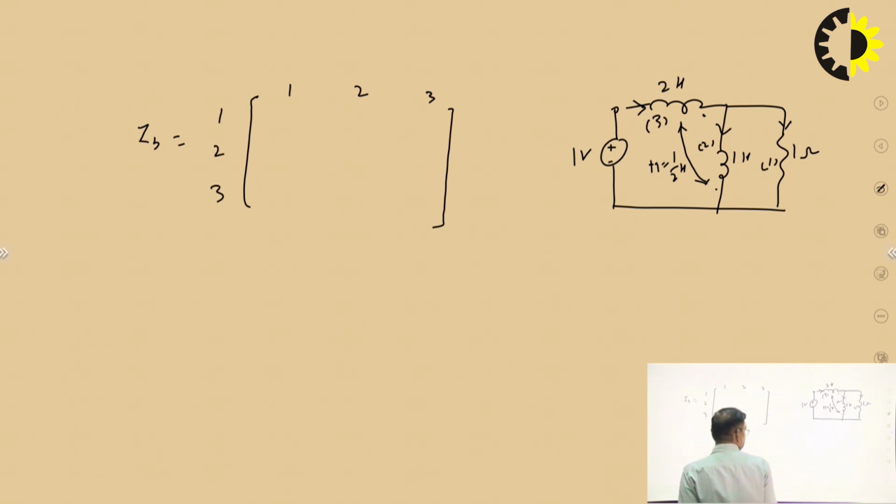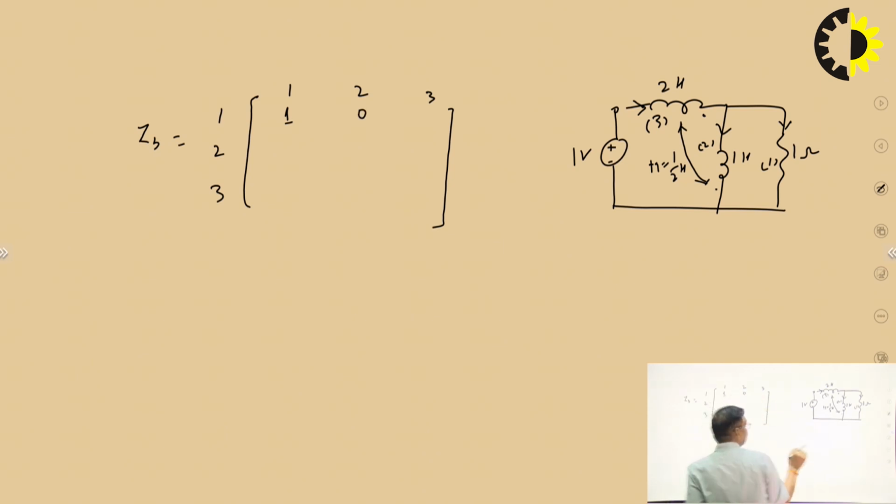Z11 means the self impedance of branch 1, so it is 1 ohm. Z12 will exist if there is coupling between branch 1 and branch 2. There is no coupling between 1 and 2, so it is 0.